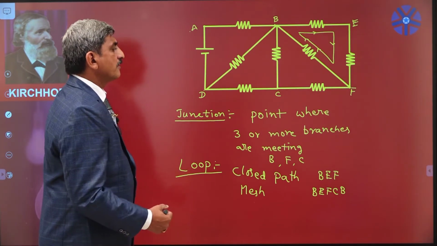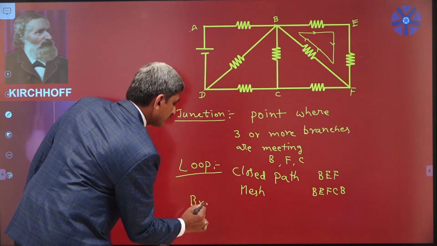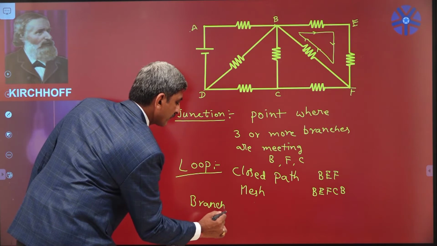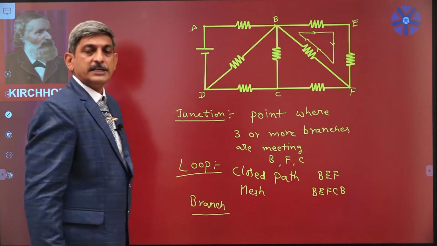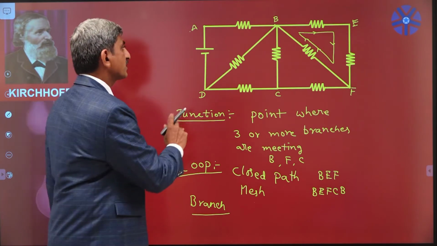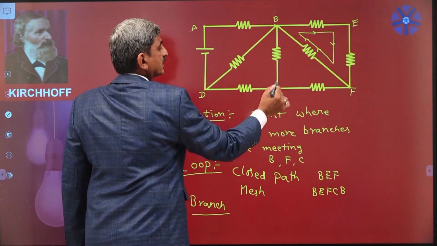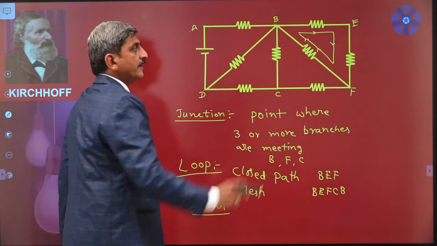Now, sometimes we use another word, branch. It is the part of the electrical network between the two junctions. Suppose B is the junction, C is the junction.